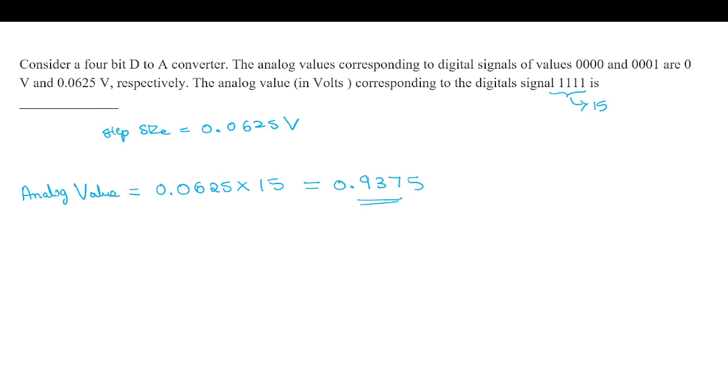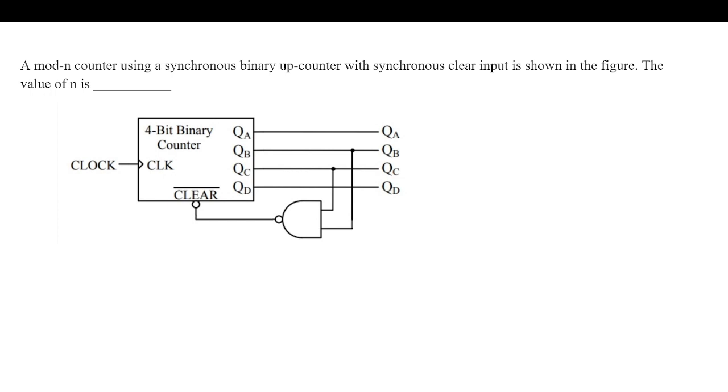Next question. With respect to ADC, the number of comparators in the 4-bit flash ADC is 2 to the power n minus 1, which is 15 comparators required. So, the next question, the modulus of the counter. So, when this and this are 1, then the NAND output will be 0, and it will clear the flip flop.